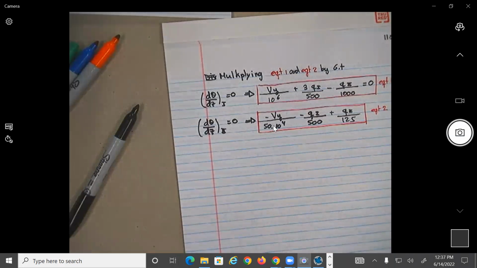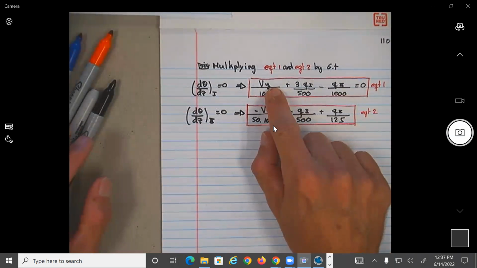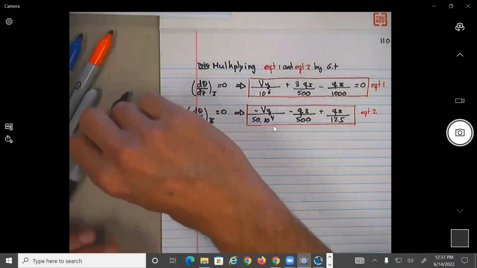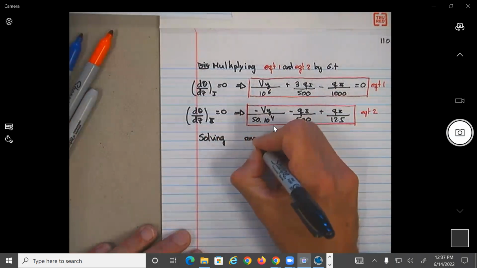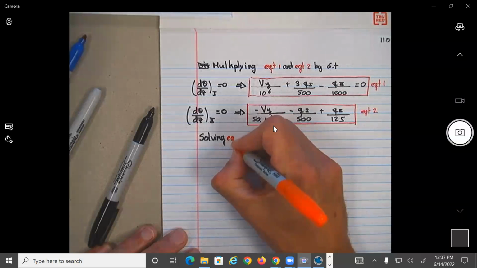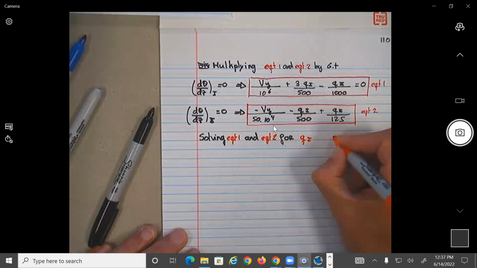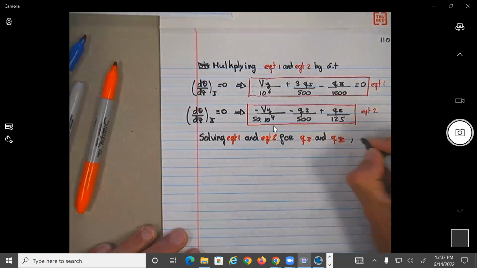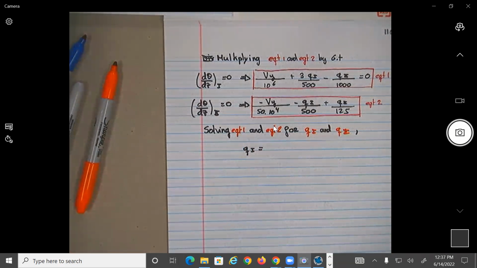All right, so now here what's important is that these equations are still in function of Vy, no? So now we can solve these two equations for Q1 and Q2. So solving for Q1 and Q2, what do I get?